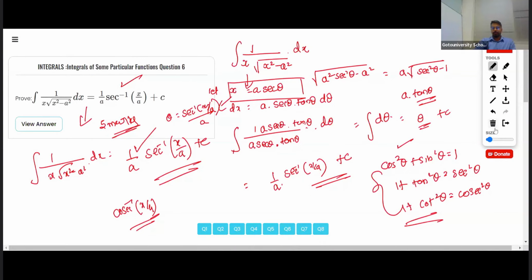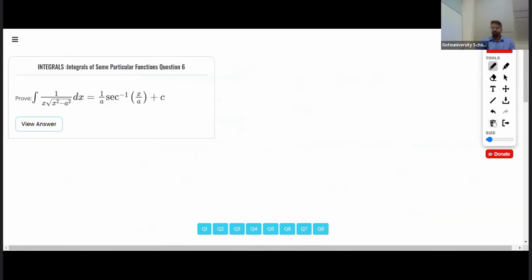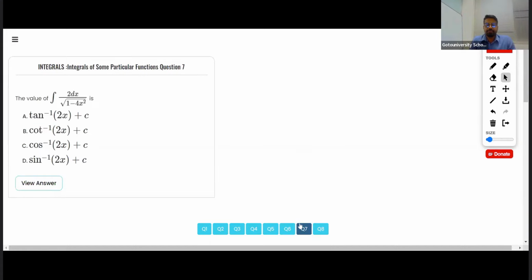Let me go to the next one. Next example solved. Next question. Question number 7. Let's see what we have. Integral of 2 dx divided by root of 1 minus 2x whole square dx.